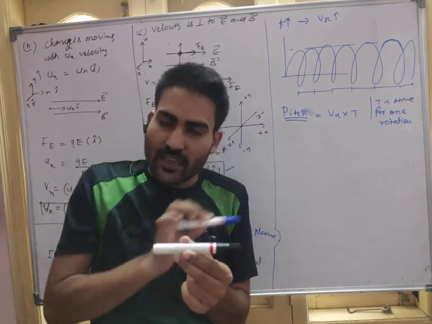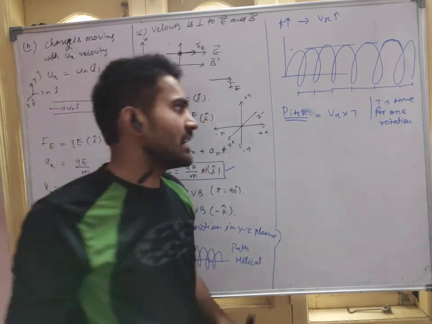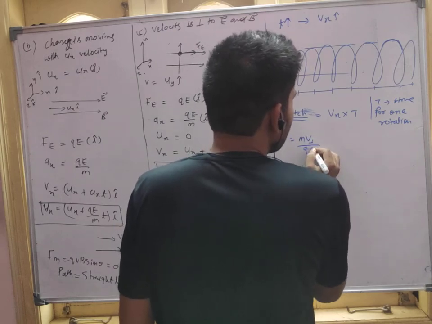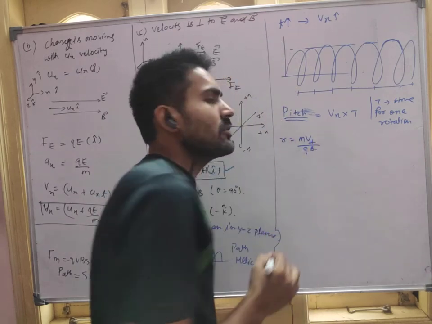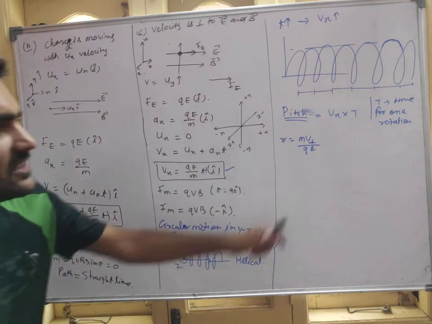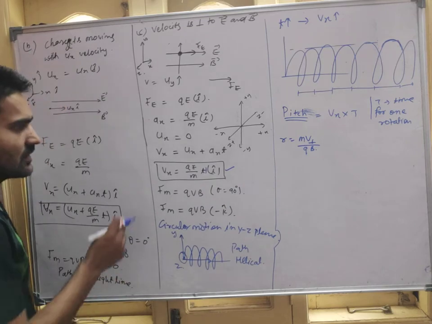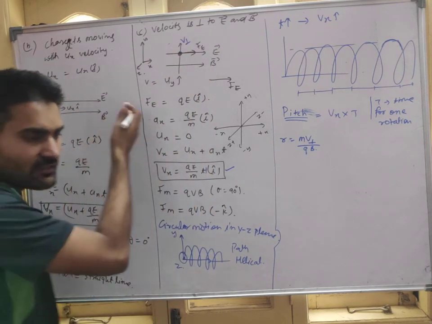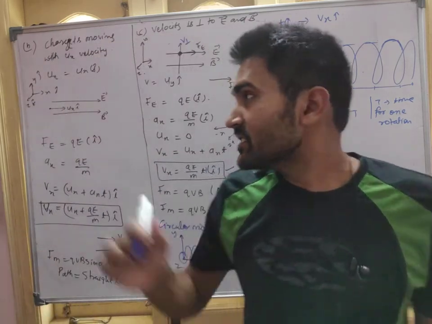The radius will be the same. Why? Because R is m V perpendicular by q B. This V perpendicular is the initial V perpendicular, so it will not increase. That is the initial velocity.